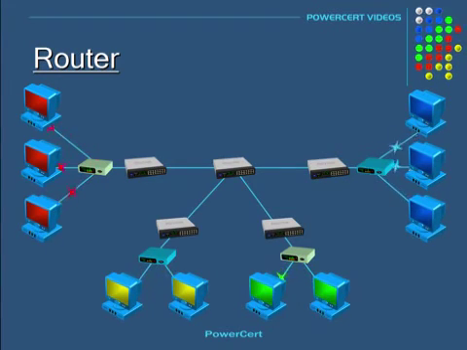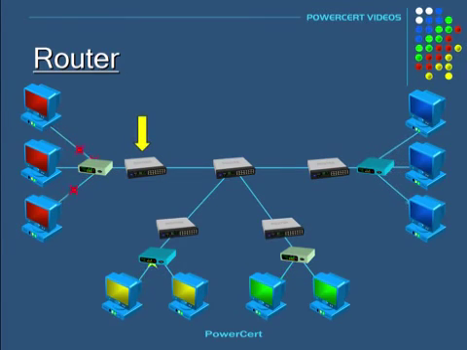Now let's go ahead and exchange data between different networks. So let's say, for example, that this computer here on the red network wants to communicate with a computer here on the blue network. For this to happen, the data packet has to leave their own network and go out on the internet. So the computer sends its data, and it goes to the network's router.